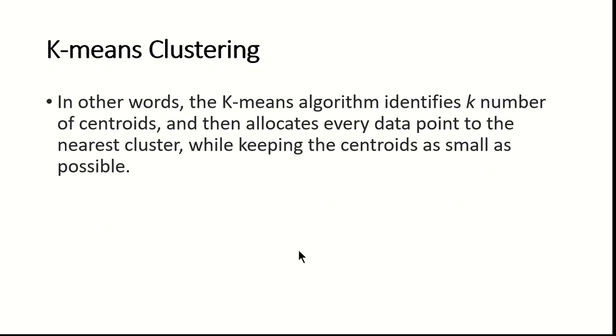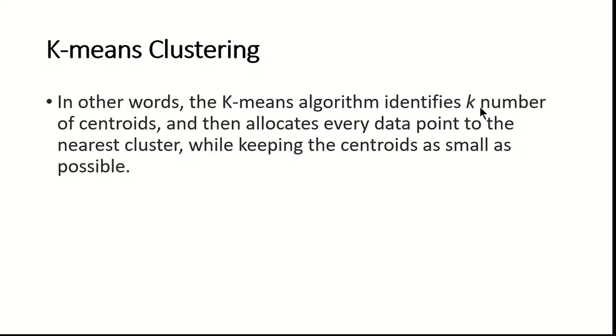In other words, the K-means algorithm identifies K number of centroids and then allocates every data point to the nearest cluster while keeping the clusters as small as possible. That's how we form the clusters.